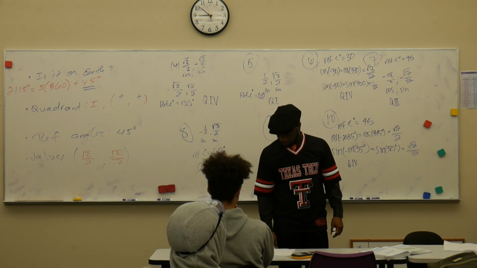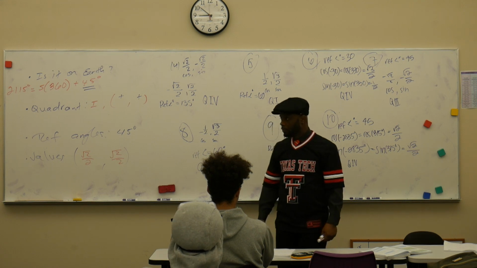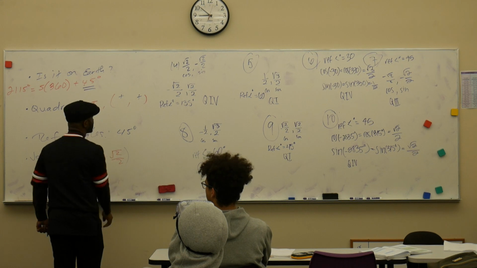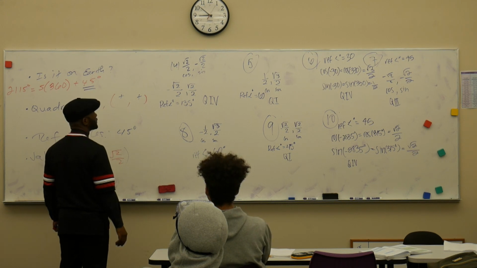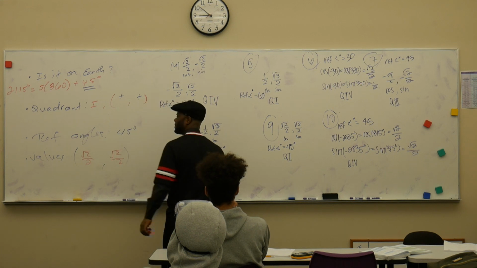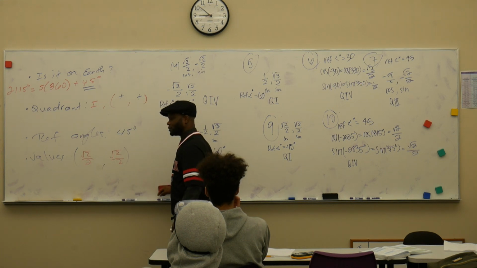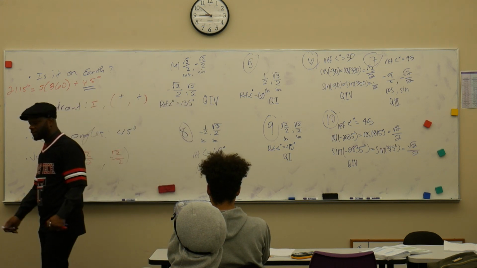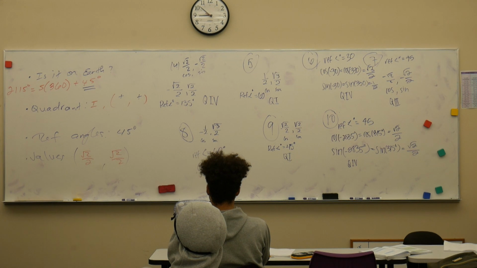What's your question? For the negative ones, how do you determine which of the numbers is going to be negative? And which one? I don't know what you mean by which number is going to be negative. Like, which is the sign of the cosine of both of them?